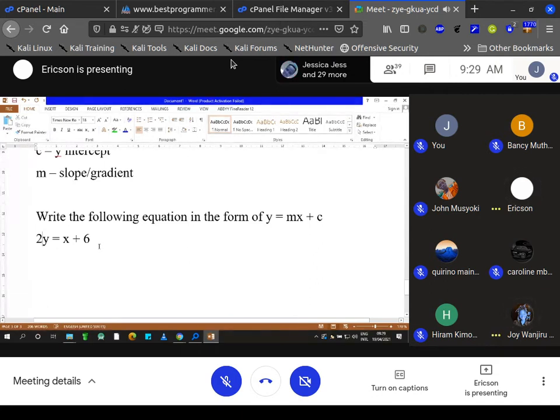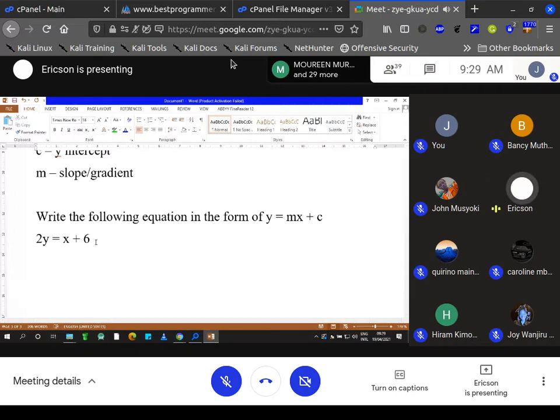Answer: 2x over 2 plus 3. Okay, that's very good. Y is equal to half x plus 3. That's very good.